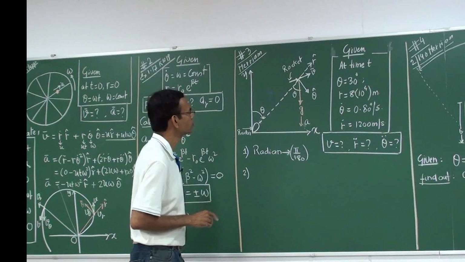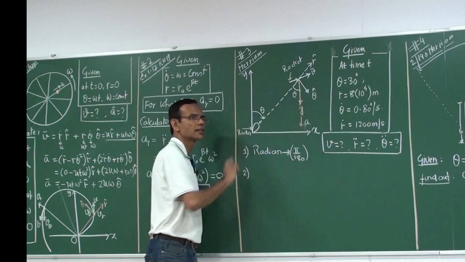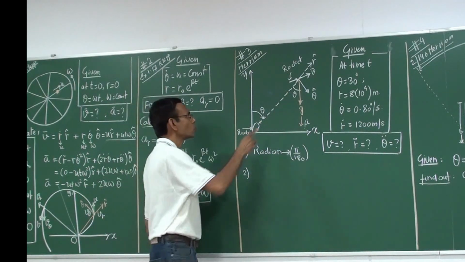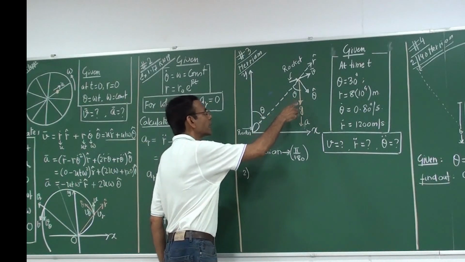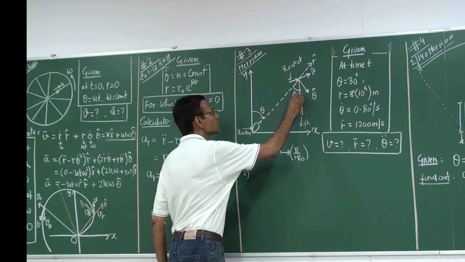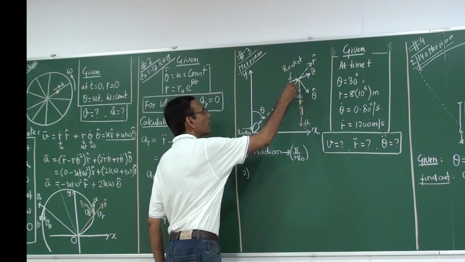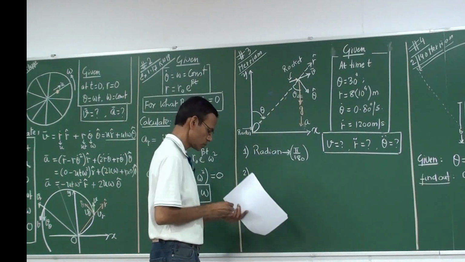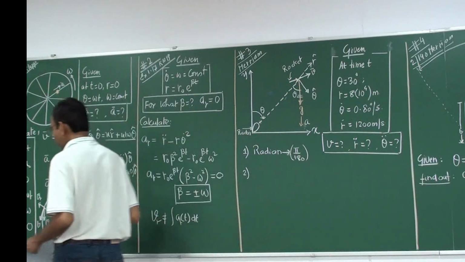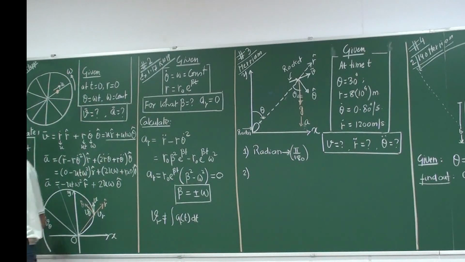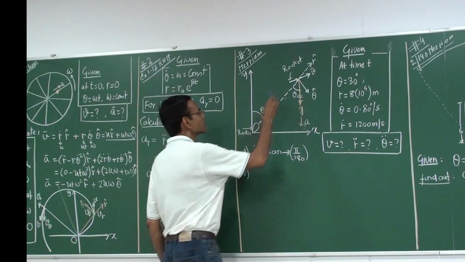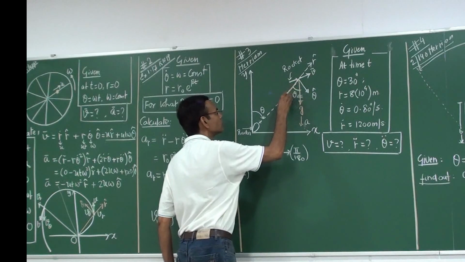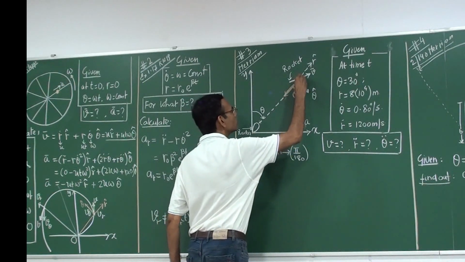The second point is, your acceleration vector is now given to you. So what I can do, I can take the component of this vector along the two directions. That means along this direction and along the theta cap direction.